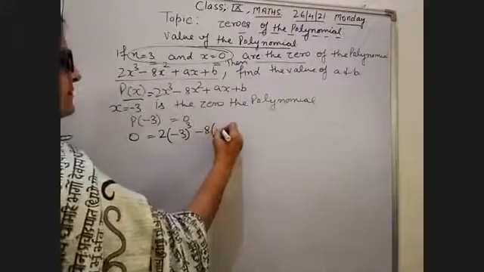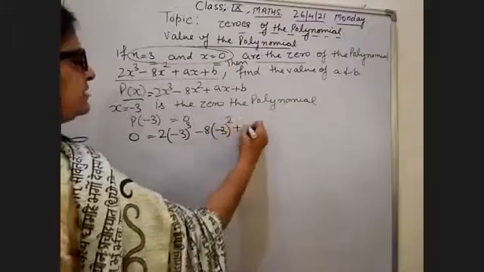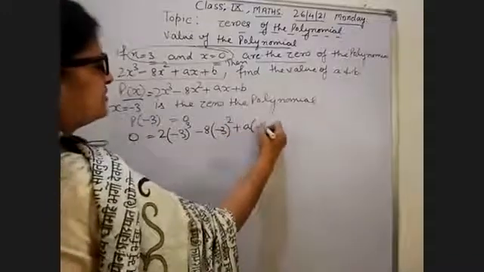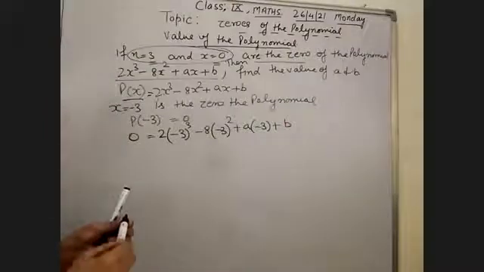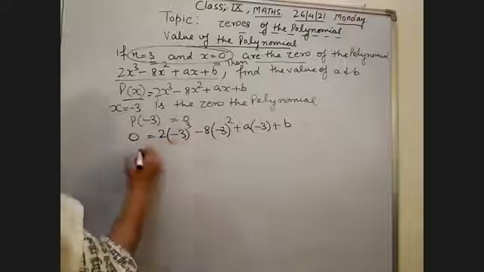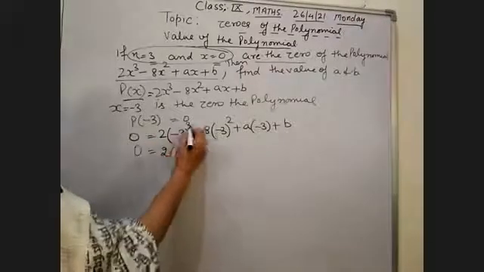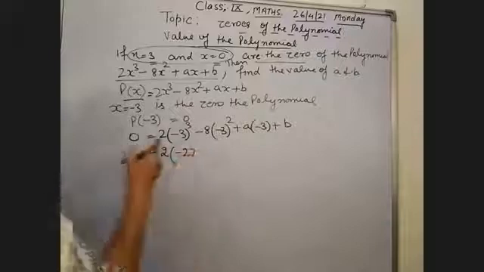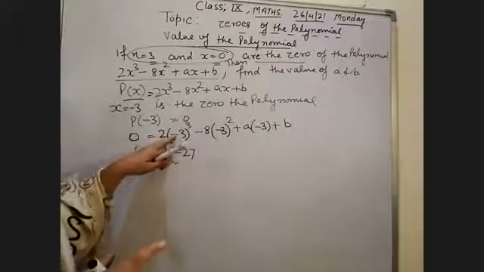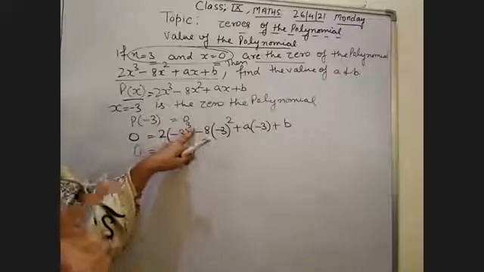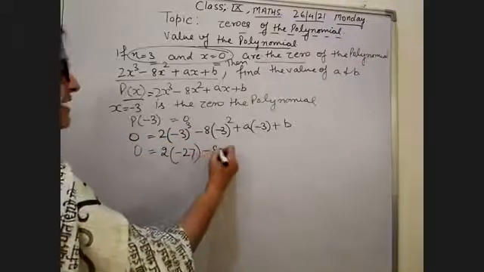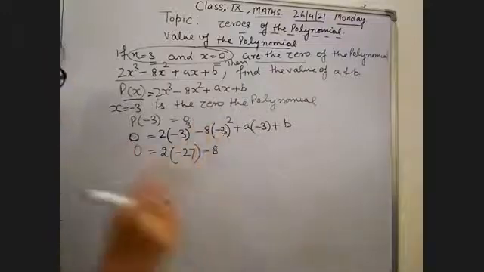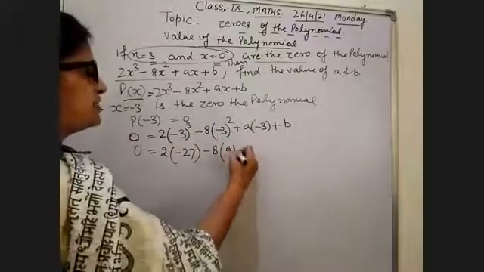Minus 8 minus 3 square plus 8a into minus 3 plus b. Then minus 3 cube: when a negative number is raised to an odd power, the result is negative, and when a negative number is raised to an even power, it becomes positive.